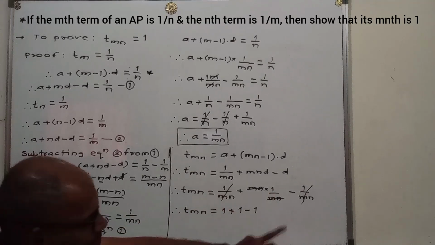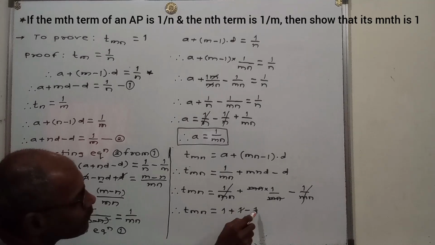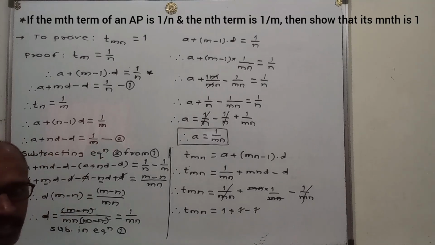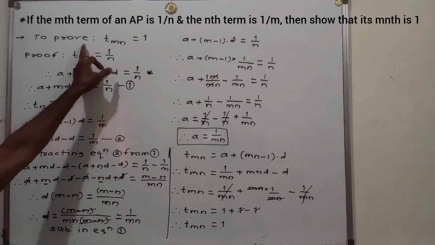This plus 1 and this minus 1, plus 1 minus 1 cancelled. Therefore, T_mn is equal to 1. This is our to prove.